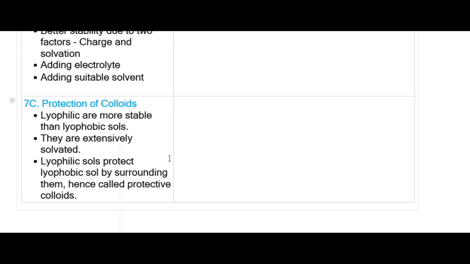So the solvent molecules will surround the lyophilic colloidal particles to a greater extent. The lyophilic sols protect, it is a very good characteristic of a lyophilic. It protects the lyophobic sols also by surrounding them. So when we want to protect the lyophobic, we can add lyophilic so that it acts as a protective colloid.